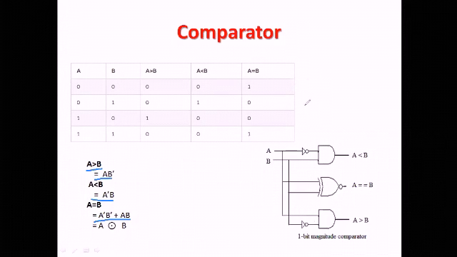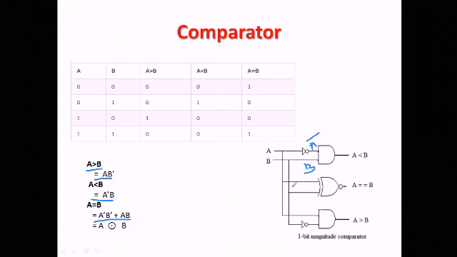So let us draw it and see how we draw it. From here we connect it to an inverter, and the result is A bar. This is A bar, so it will be with B. So this is the expression for A less than B.